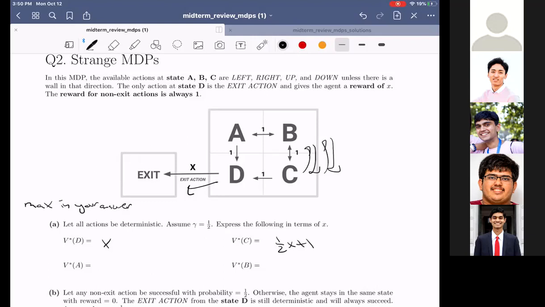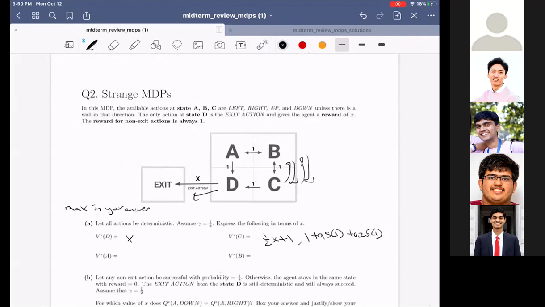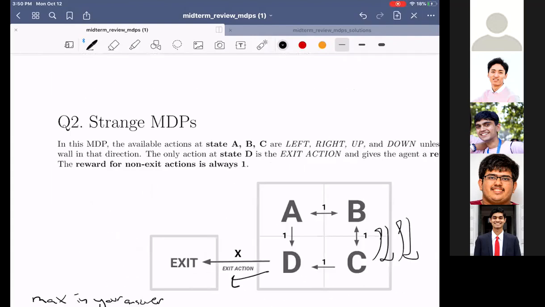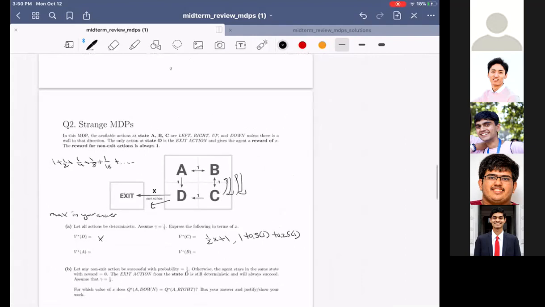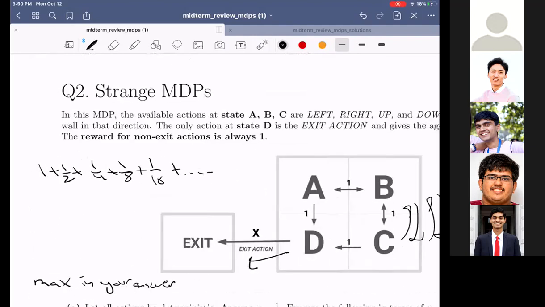Well, initially you'll get 1. And then in the next time step, you'll get discount 0.5 times 1. And then you'll get discount 0.25 times 1, and so on. So this is an infinite geometric series: 1 plus 1/2 plus 1/4 plus 1/8 plus 1/16 and so on. And this goes to 2.